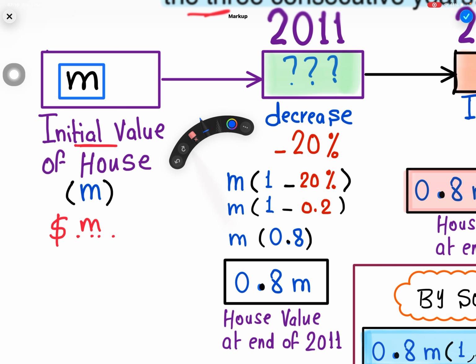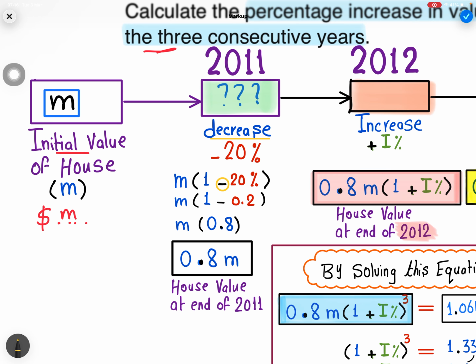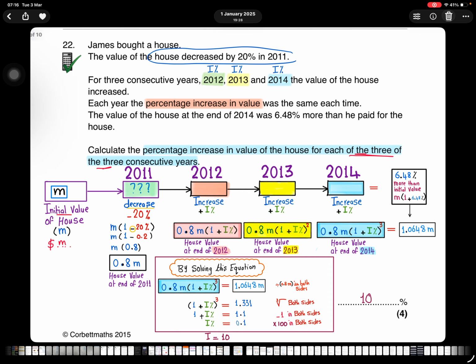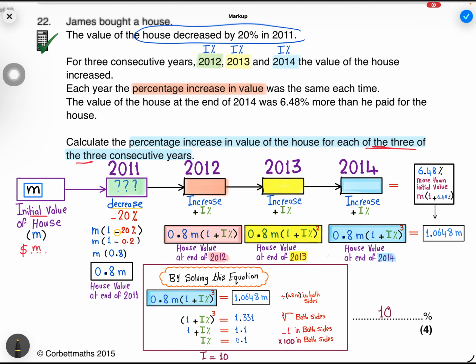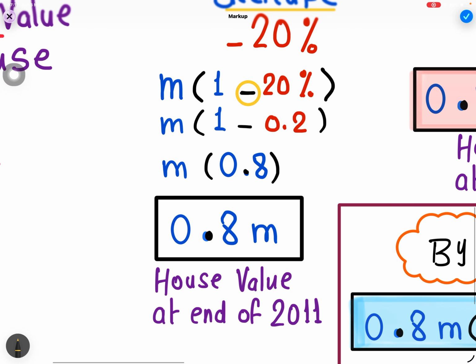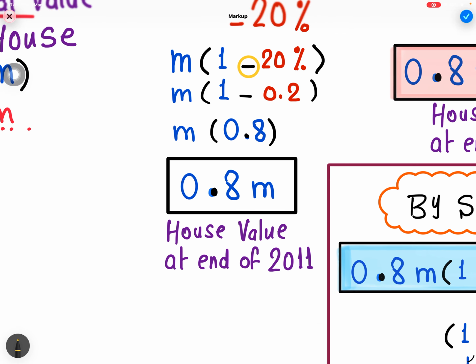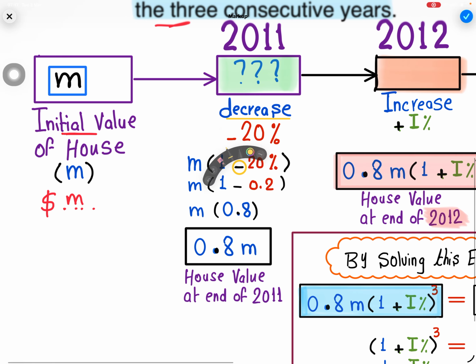Converting 20% to decimal, it will be 0.2, which means 1 minus 0.2, which is 0.8. 0.8 multiplied by M is 0.8M. It is the house value at the end of 2011, right? We will go step by step from here.